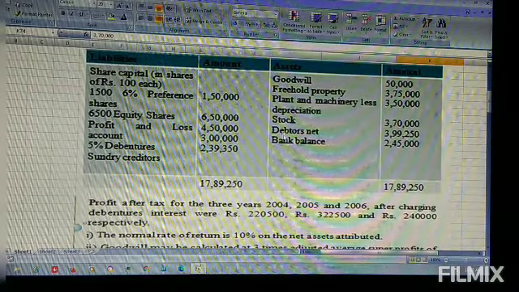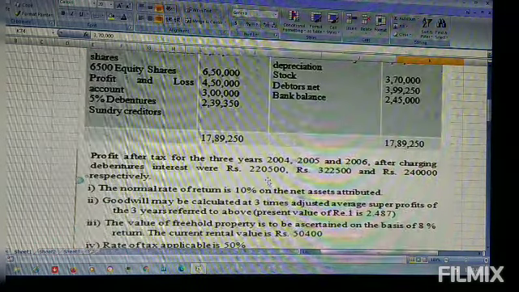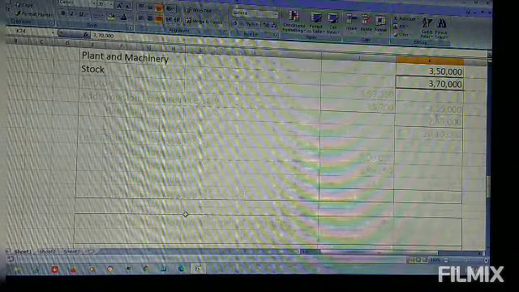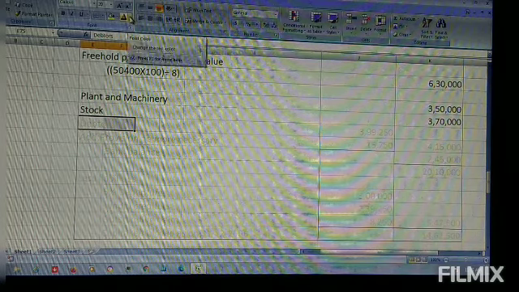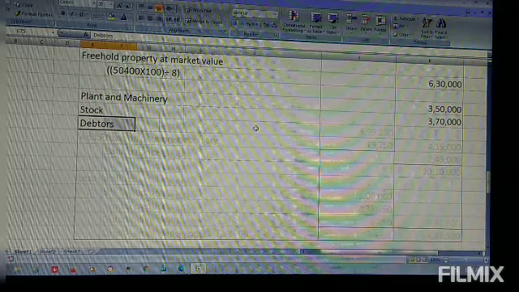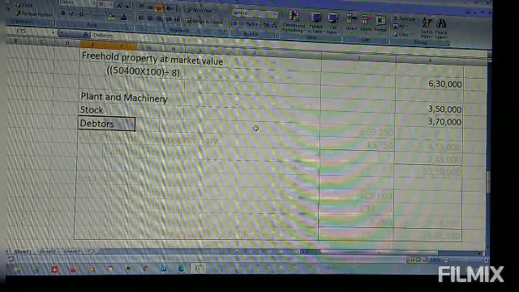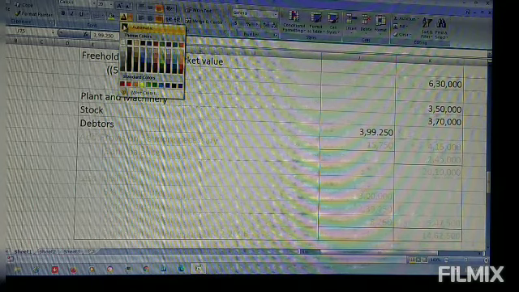You see, debtors net value is given. Take debtors. What is the debtors value? It is 3,99,250. Take the value given in the problem in the inner column, 3,99,250.